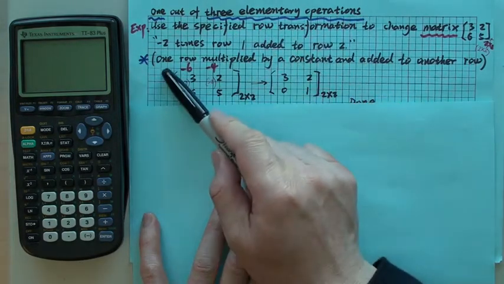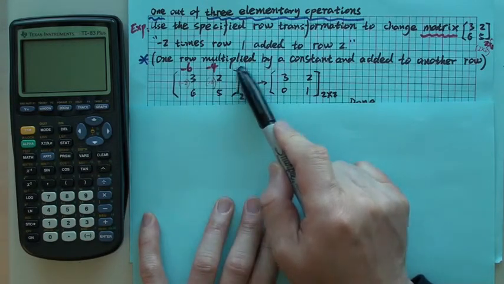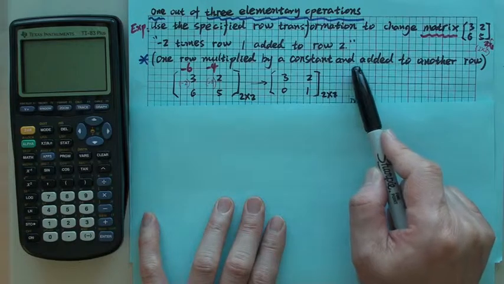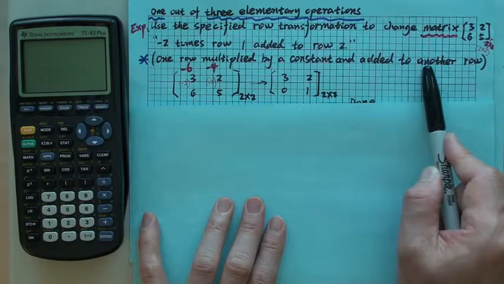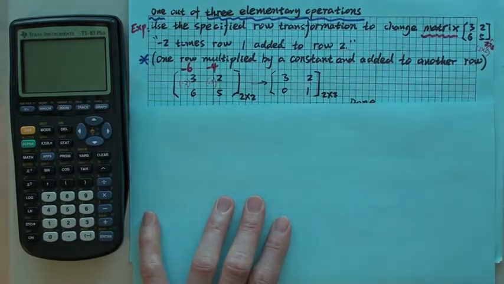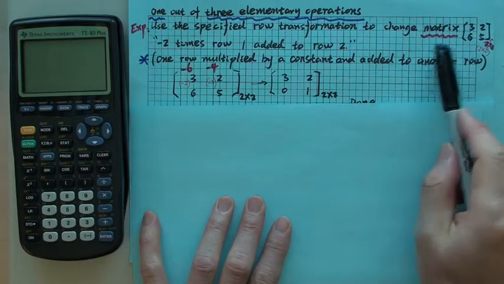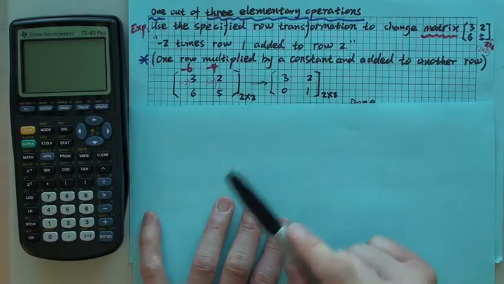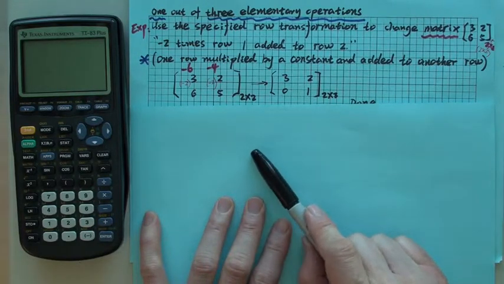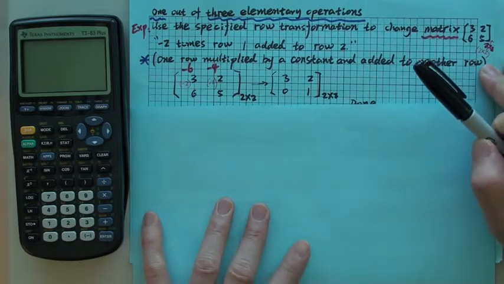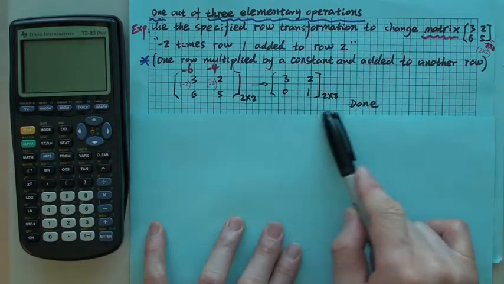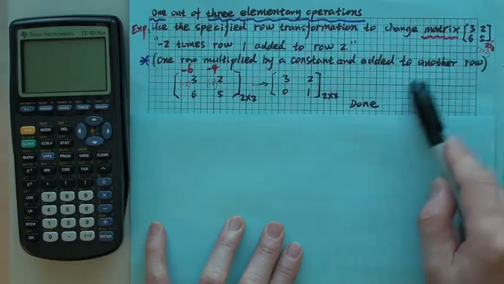In general, we have one row multiplied by a constant and added to another row. Actually, this question won't take us like 5 seconds. It's a very easy question.